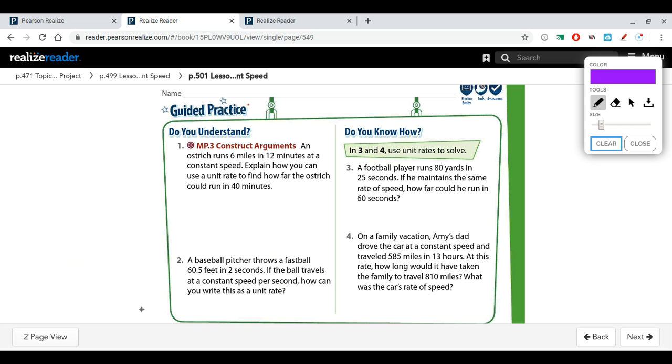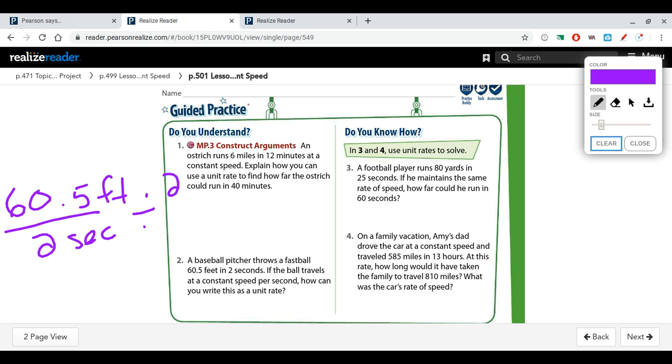Okay, let's take a look at number 2. A baseball pitcher throws a fastball 60.5 feet in 2 seconds. If the ball travels at a constant speed per second, how could I write this as a unit rate? So again, I'm going to take 60.5 feet per 2 seconds, and I'm going to divide by 2 seconds.